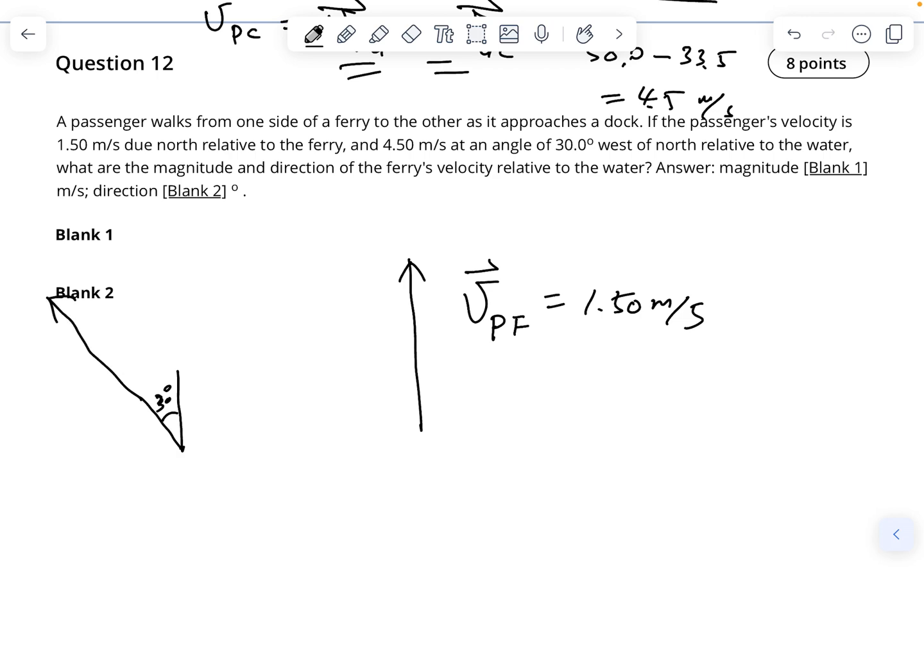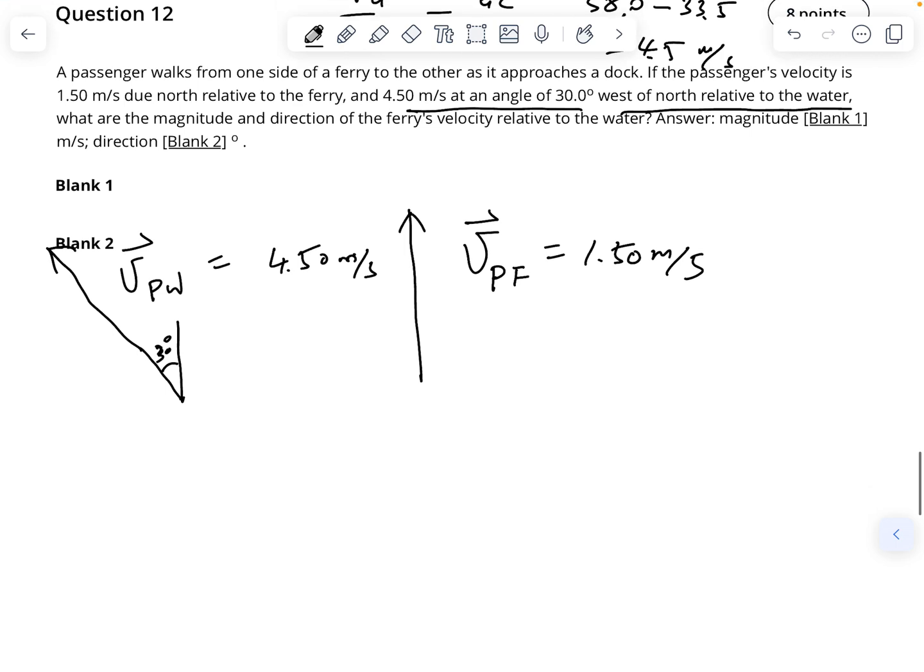Okay, so this is V relative to the water, passenger to the water, 4.50 meters per second. What are the magnitude and direction of the ferry's velocity?